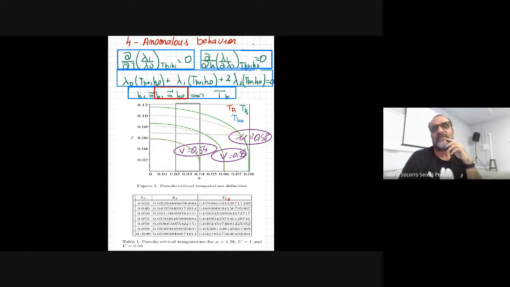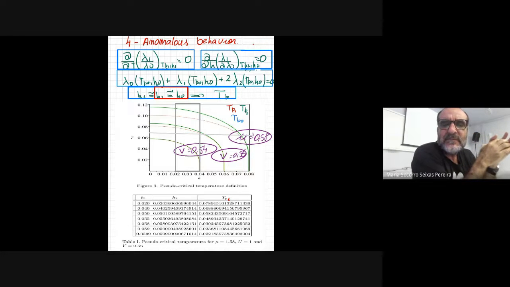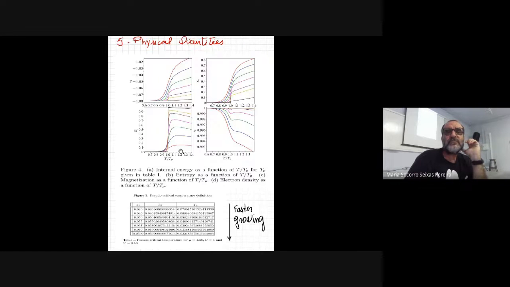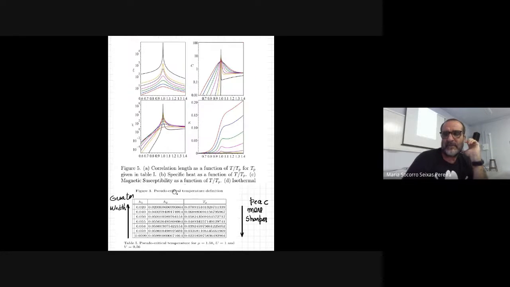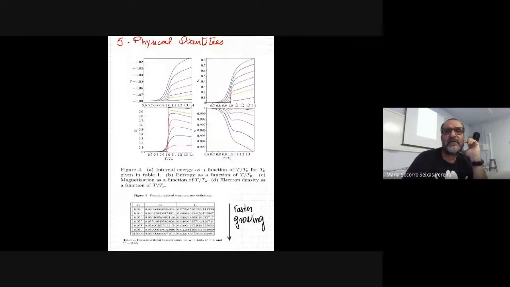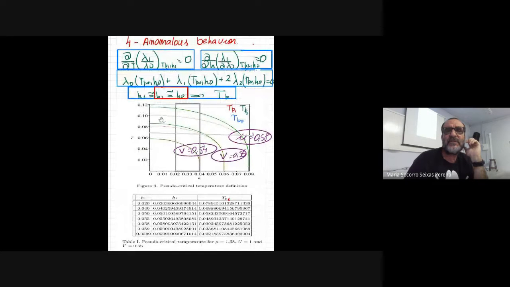Here we have V equals 0.58. V equals 0.54 is exactly the half-filled band. And in this situation, the result of these three conditions is the same.